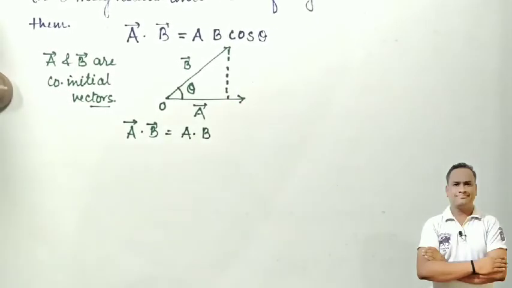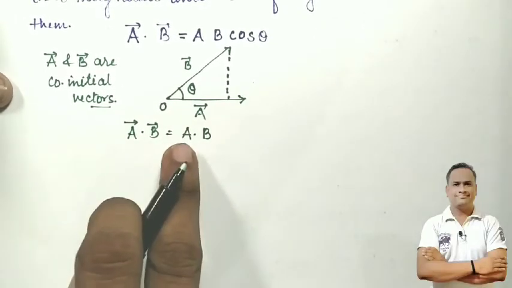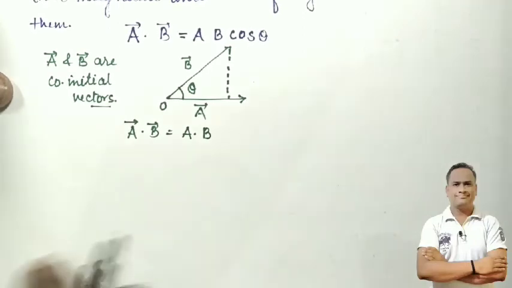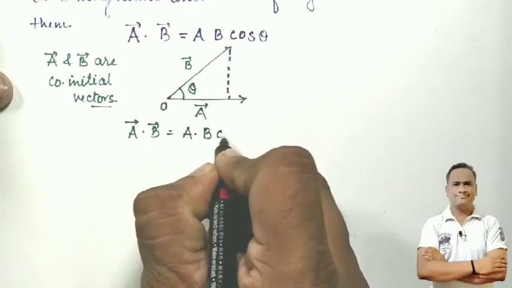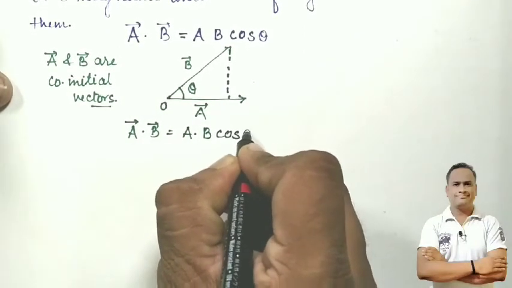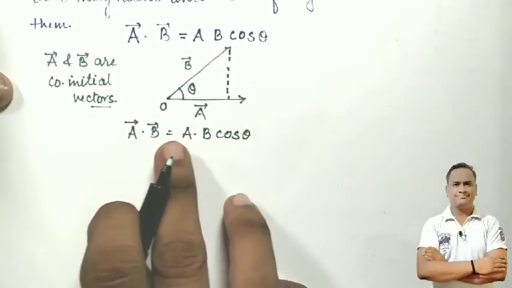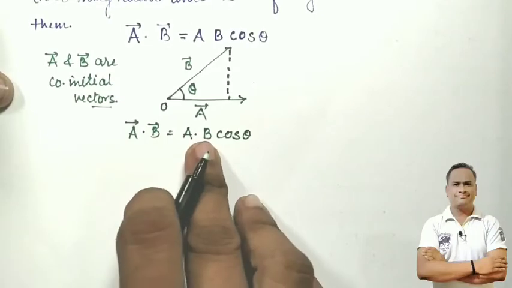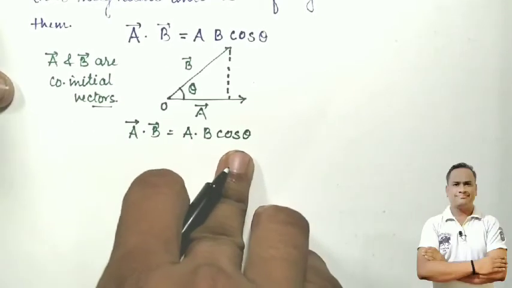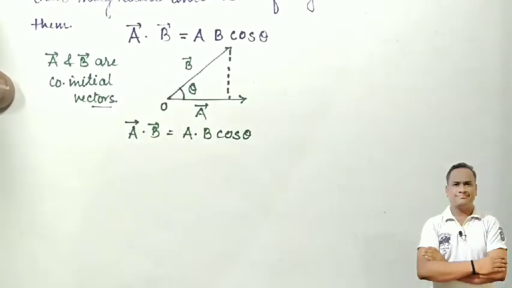As we know, a physical quantity having only magnitude is said to be a scalar quantity. So here we take only the magnitude, not the direction, and the cosine of the angle between them. If we know the magnitudes of the two vectors and the angle between them, then we can easily calculate their product.